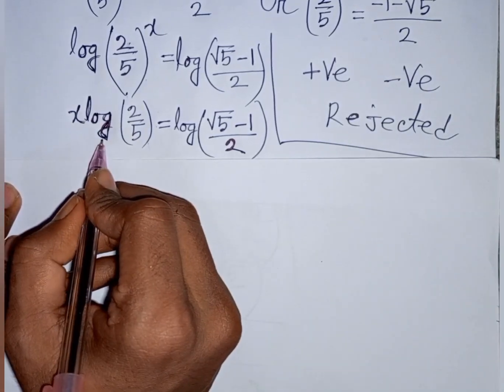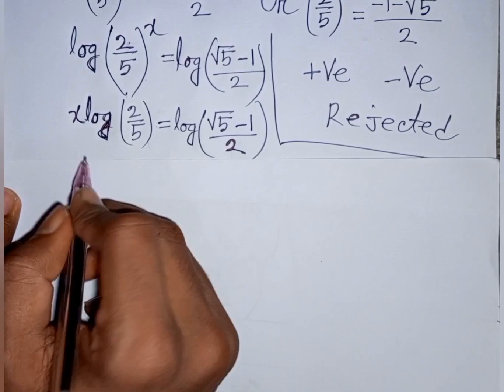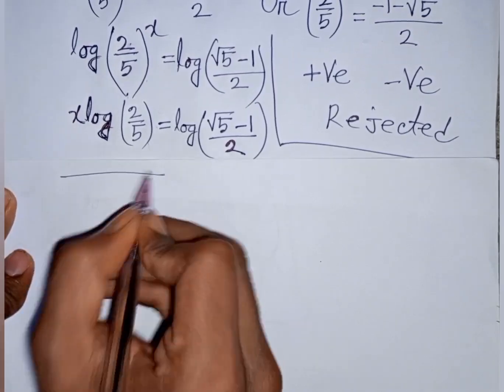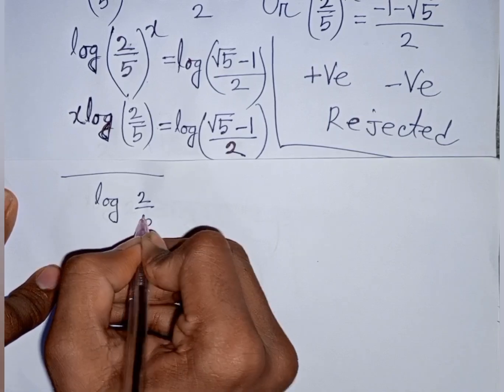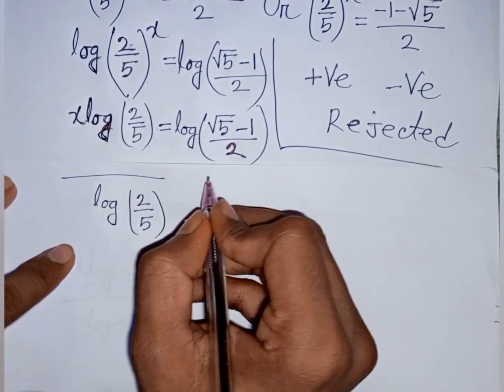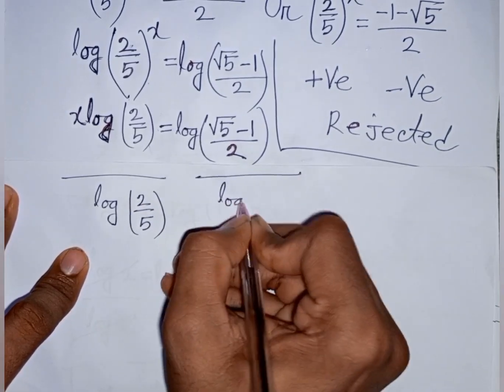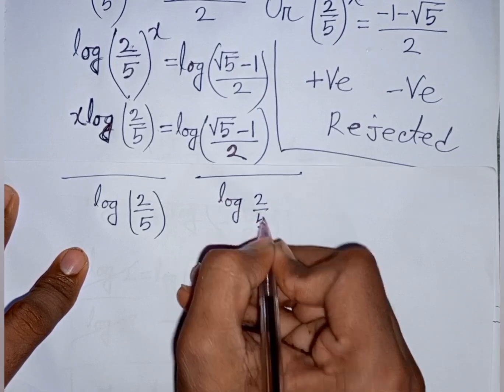Now we divide by log of 2 by 5 on both sides because we need the value of x.